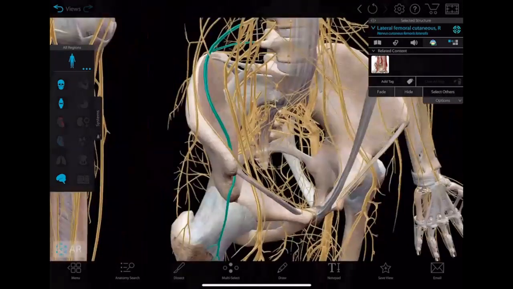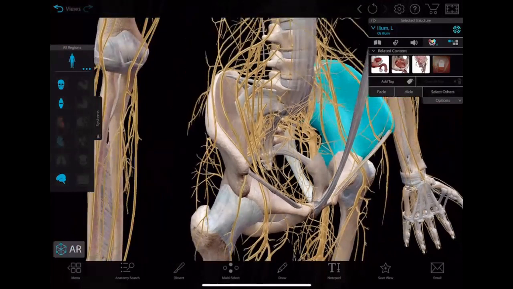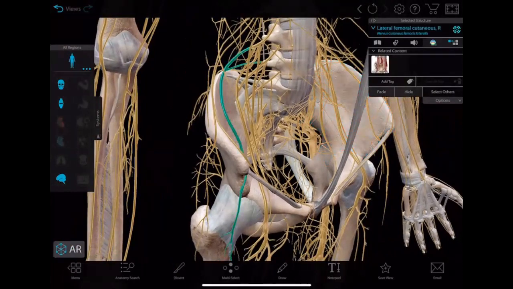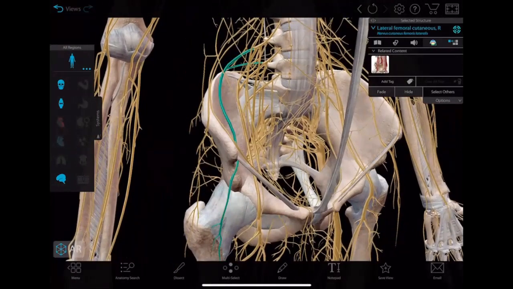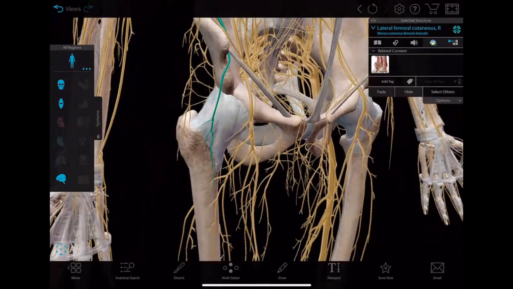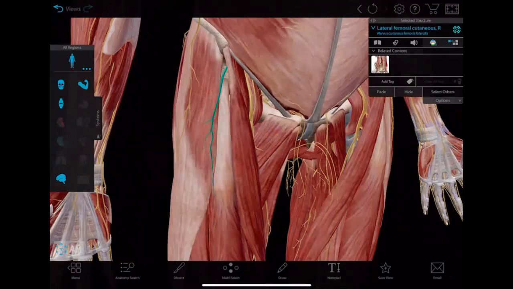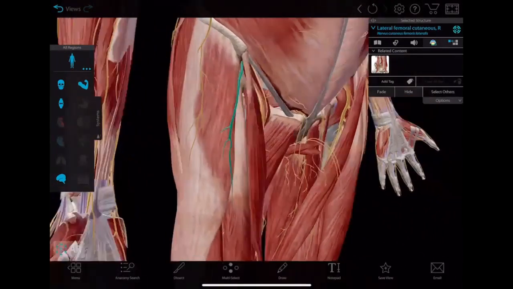So this is entrapped at that position. Whenever it is entrapped at that position, the whole area will have tingling, numbness and pain.